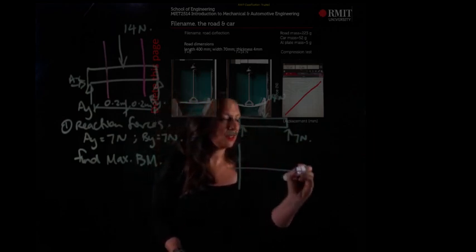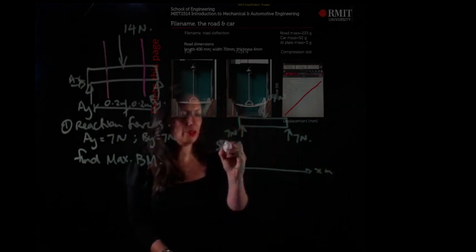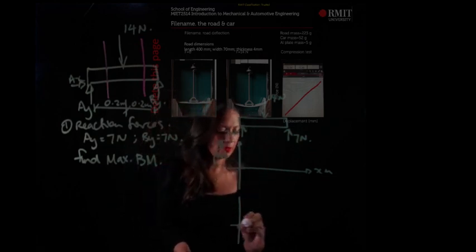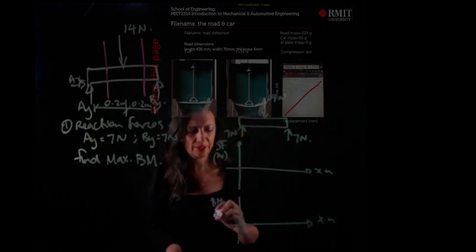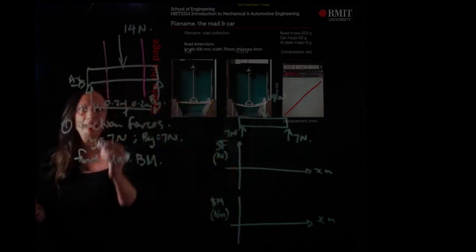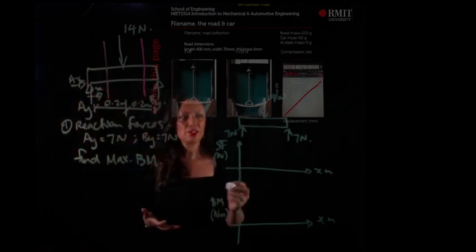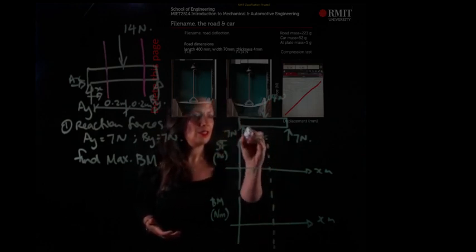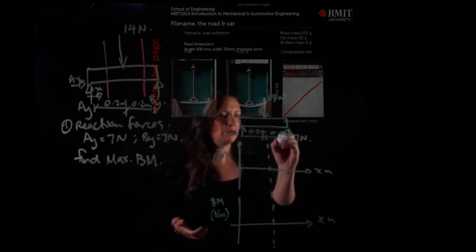So here are my axes. That's my shear force in newtons, and this is going to be my bending moment diagram, in newton metres. So what are we going to do? We're going to take this beam, and we're going to assume that we measure from X. So I have 2 boundary conditions: 0 to 0.2 metres, and then 0.2 to 0.4 metres.